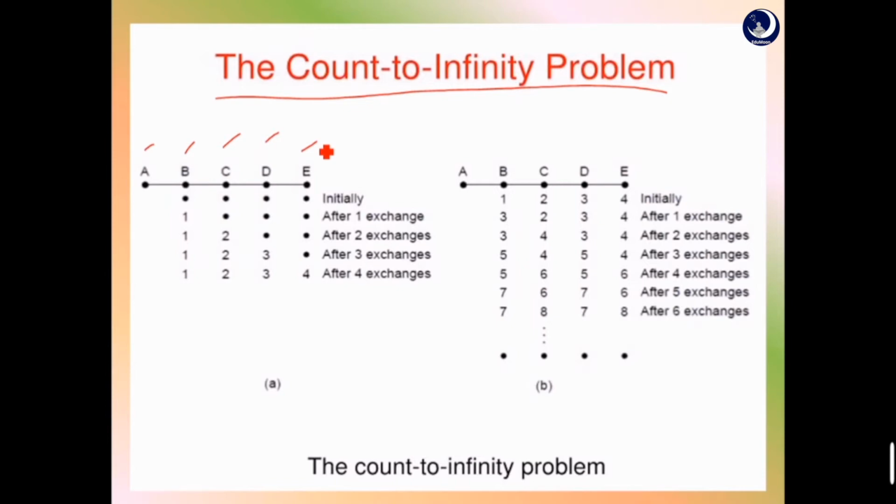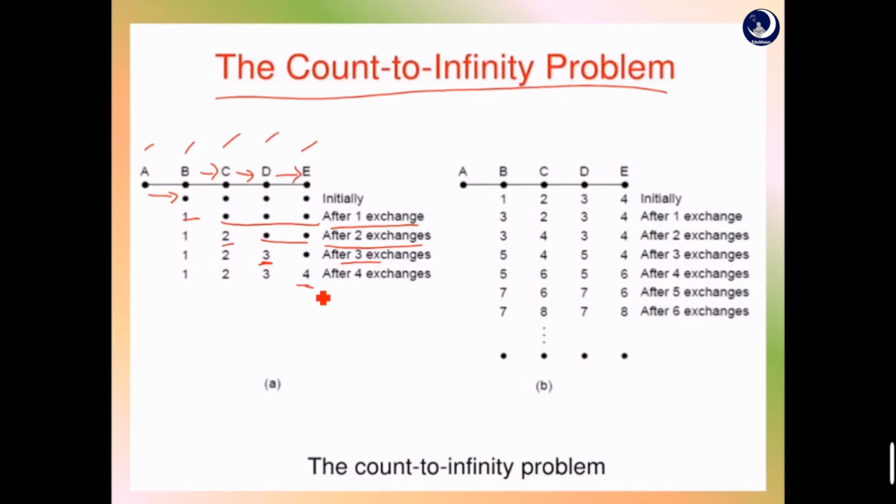After the first exchange, A sends the data to B, so it's represented as 1, whereas the other nodes don't have any data, so it's 0. After the second exchange, B sends the data to C, so it is written as 2, and then D and E remain empty. Then after the third, C sends the data to D, so this is 3. Then next D sends the data to E, so this is 4.